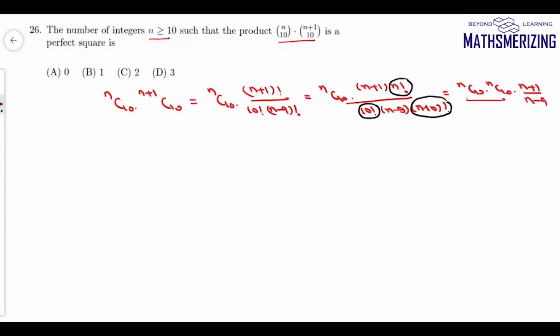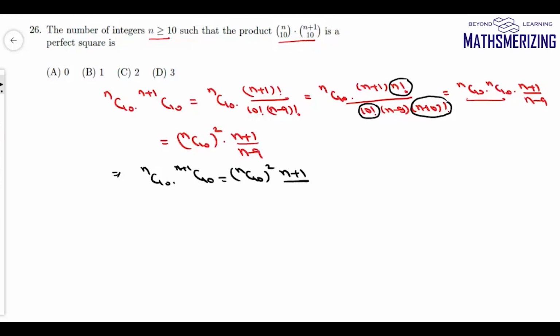So we can write it as nC10 whole square into n plus 1 upon n minus 9. So now we can say that this product nC10 into n plus 1 C10 is equal to nC10 whole square into n plus 1 upon n minus 9.